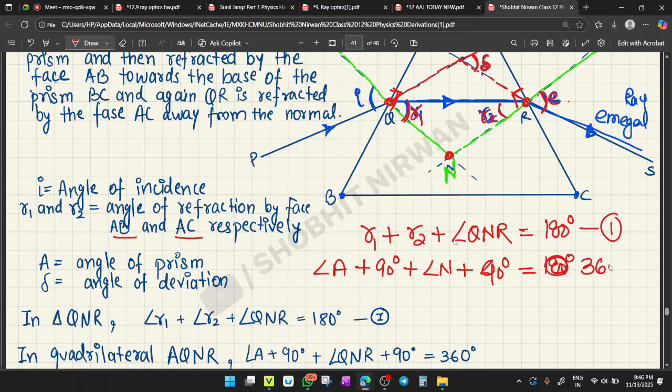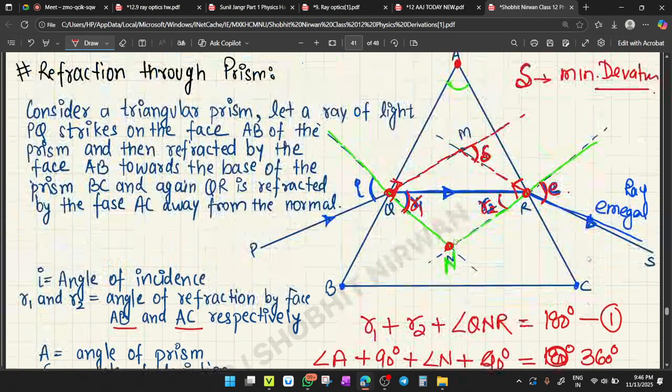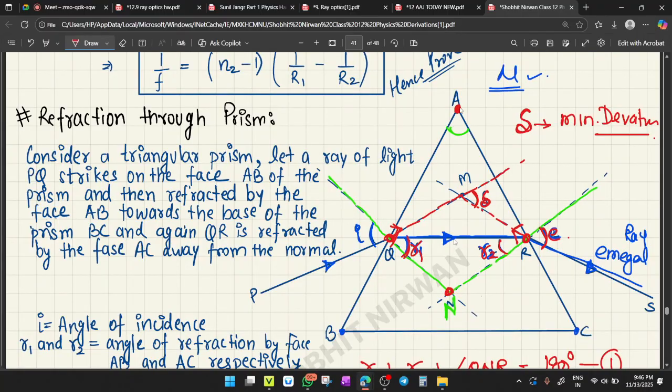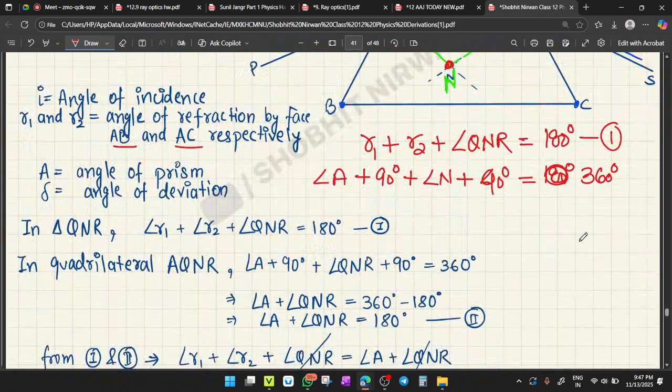Sorry, it is equal to 360 degrees, as the sum of the angles of a quadrilateral is 360 degrees. Clear or not?